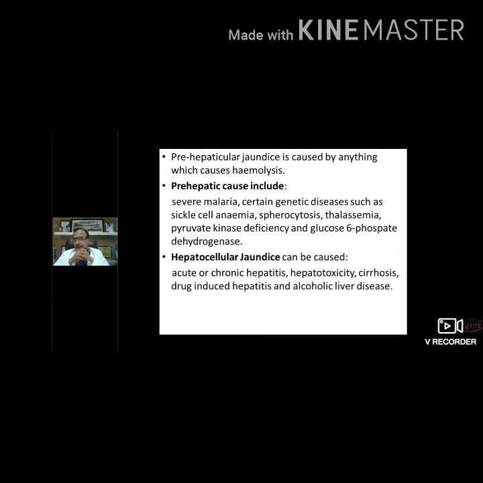So what happens in Crigler-Najjar syndrome? There is unconjugated hyperbilirubinemia, my dear. And this unconjugated hyperbilirubinemia may reach more than 20 milligram. Now you can understand, more than 20 milligram, this is wow.